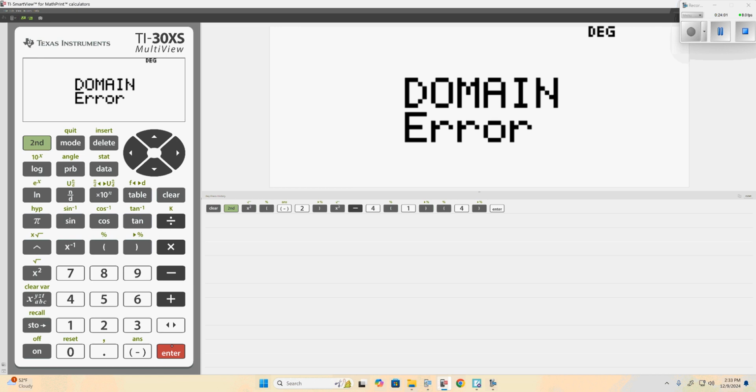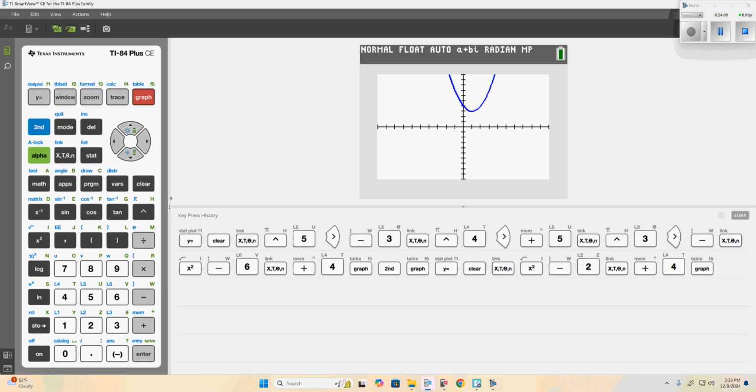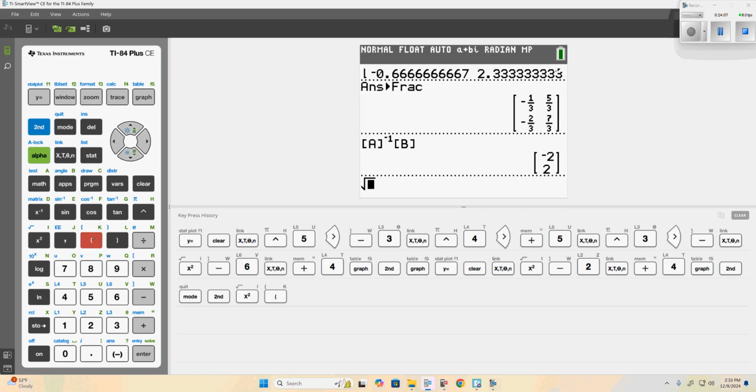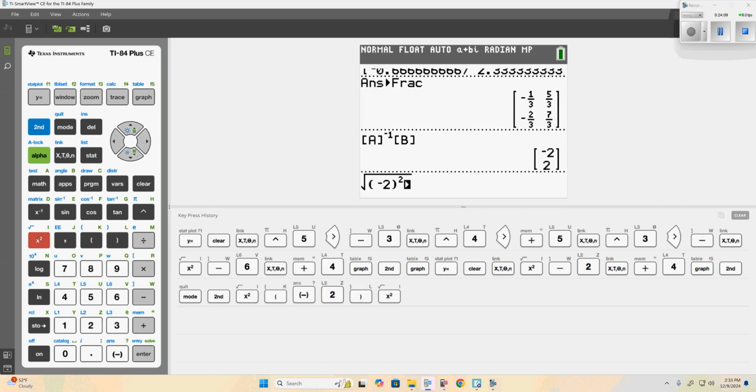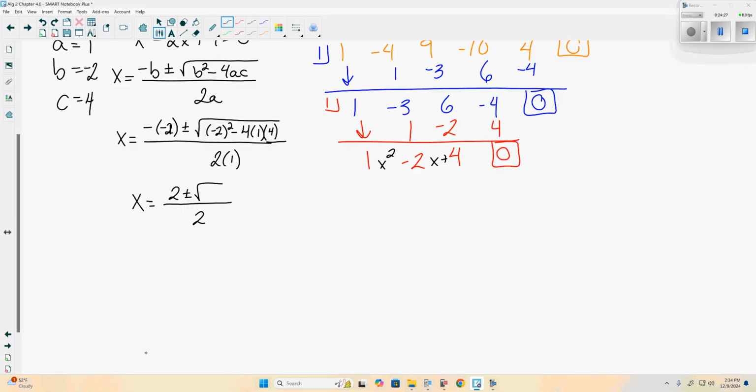Domain error. Second square root, negative 2 squared minus 4 times 1 times 4. It does work because, again, we see we have i. We know we'd have i because if it doesn't cross the x-axis, it's going to have i. But that's a decimal, it doesn't simplify.